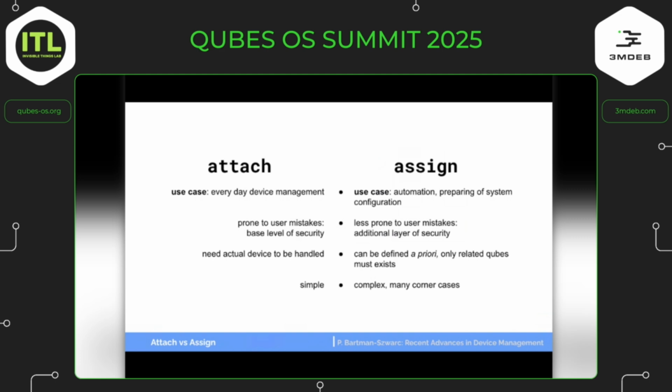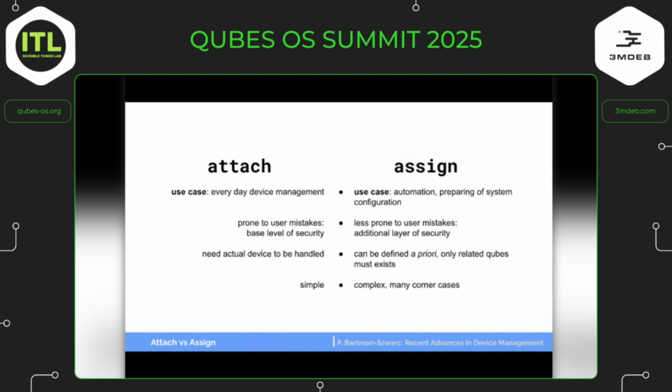Of course, it's also important to ensure that this configuration itself doesn't violate our safety model, but that is a different story. In the case of device attachment, we are always thinking about an actual device connected to the system. So we cannot think about attachment if we do not have the device present in the system.